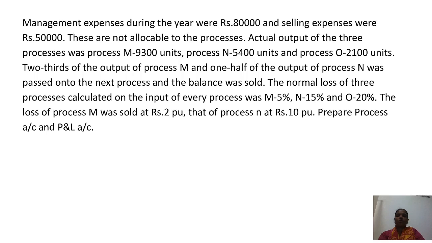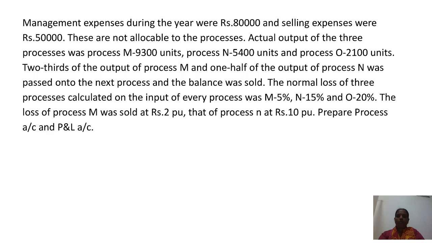Two-thirds of the output of process M and one half of the output of process N was passed on to the next process. In the sense, two-thirds of the output of M is transferred to N, and half of the output of N is transferred to O, and the balance is sold.